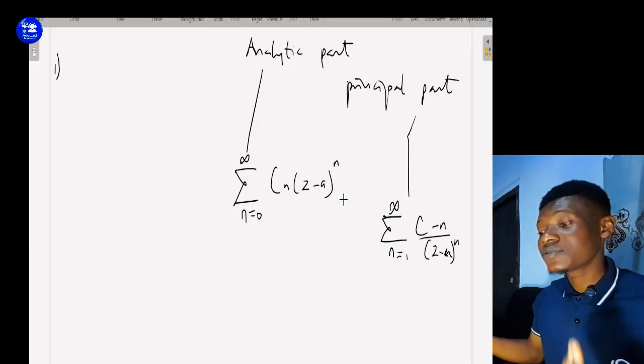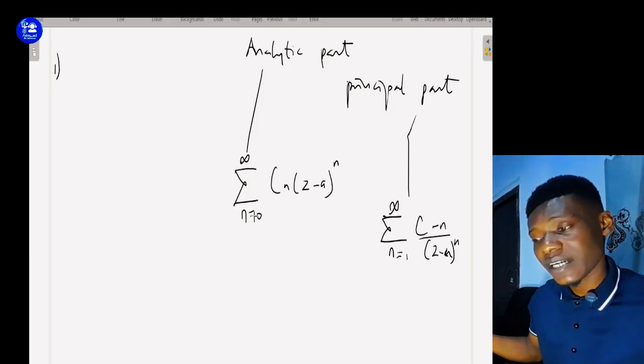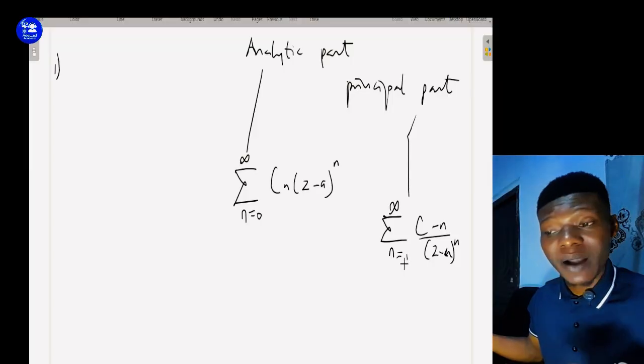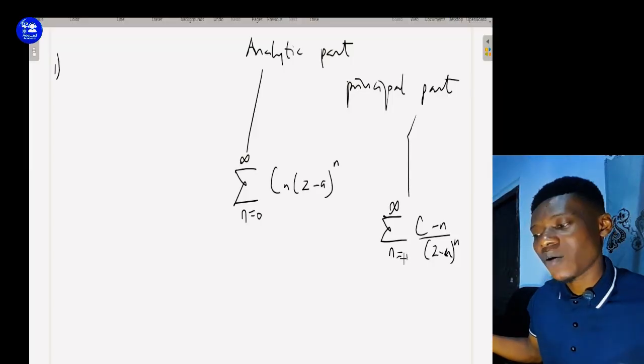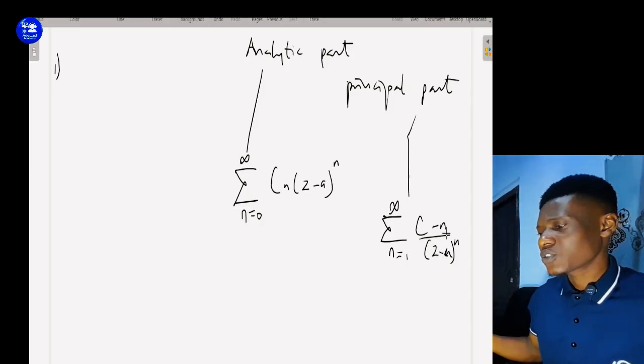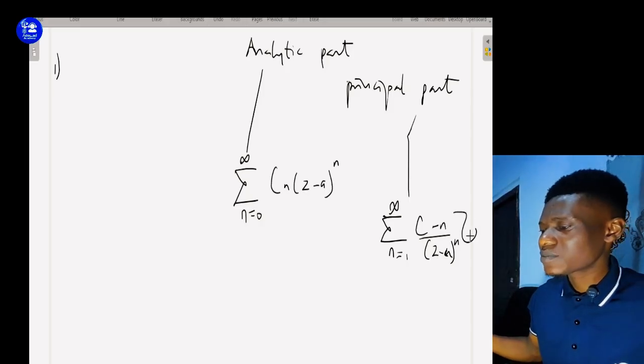Now, the difference between these two is that this one is starting from 0, this one starts from 1. There must be a power, because if there is no power, then z is not in the denominator. So now, if you have something like this, we refer to this as the principal part.